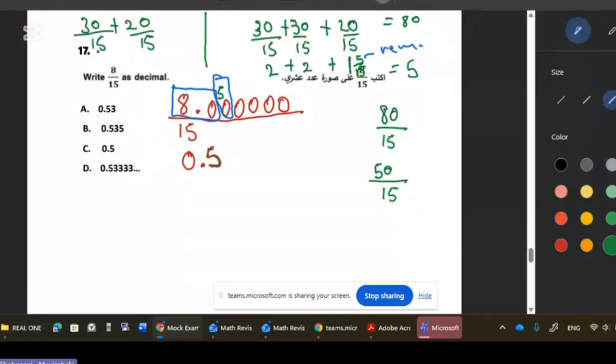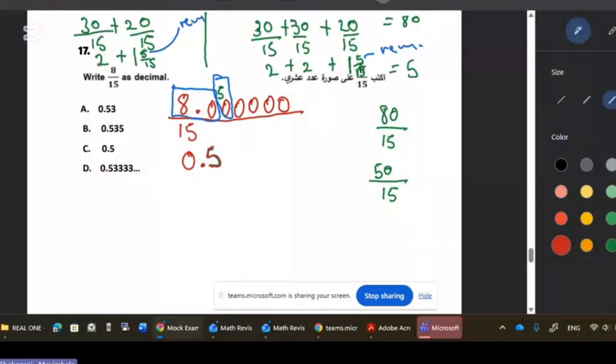How many 15 do we find in 30? 2. Plus, how many 15 do we find in 20? 1, and the remainder 5 over 15. Now remember the remainder, very important. So now we can write our answer.